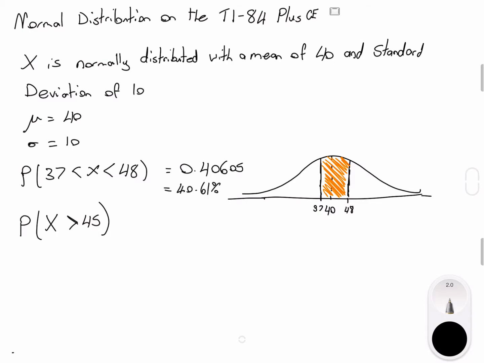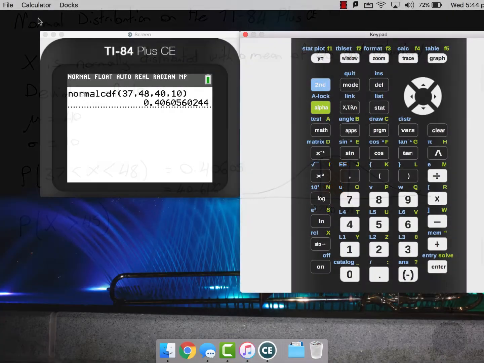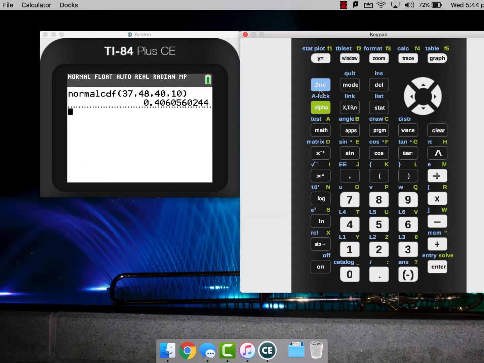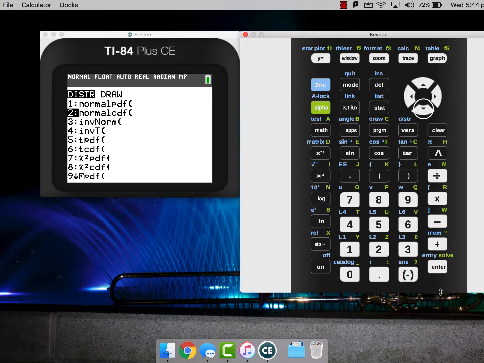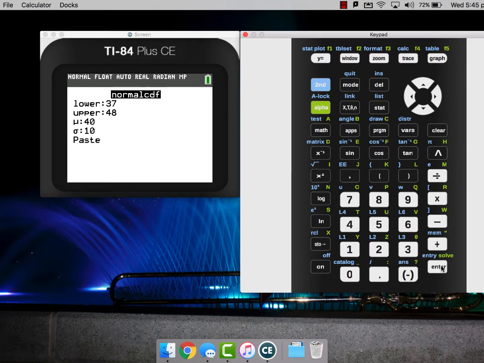Alright, let's go back to the calculator and have a look. Back on the calculator, we're going to go back into second DISTR, down to normal CDF, but this time we're told that we want to find it above 45. So we set our lower as 45, and then for our upper, we set the maximum that the calculator can display, which is 1 by 10 to the power of 99.